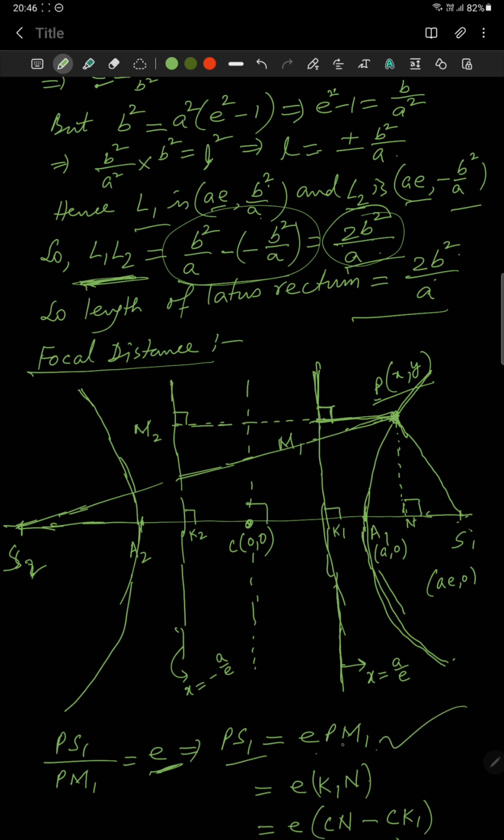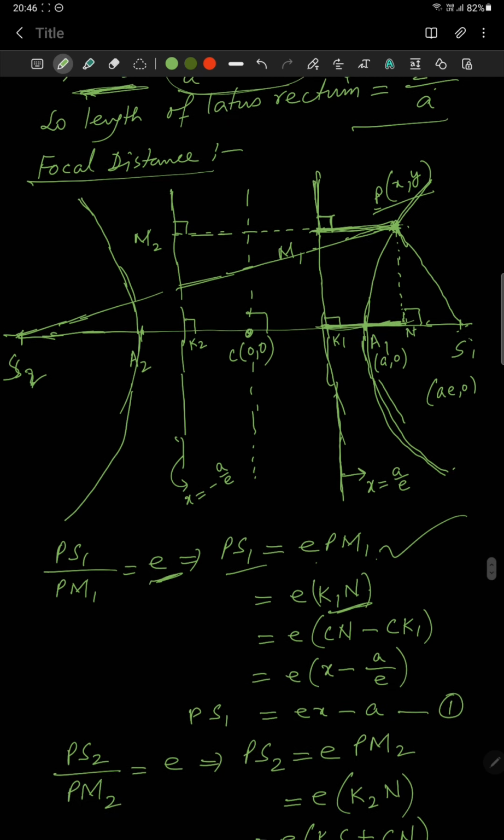As you see, this length PM1 is nothing but it is equal to K1N. Alright, I hope you can make out. This PM1 is equal to K1N, that is what I have written here, and K1N can be written as CN minus CK1.